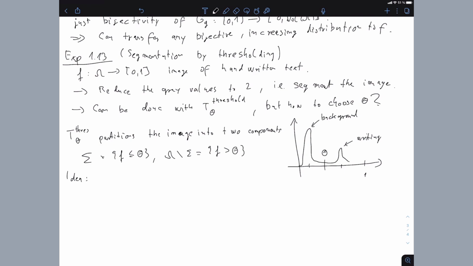So let me write the formula down, then we can check how this relates to the picture.